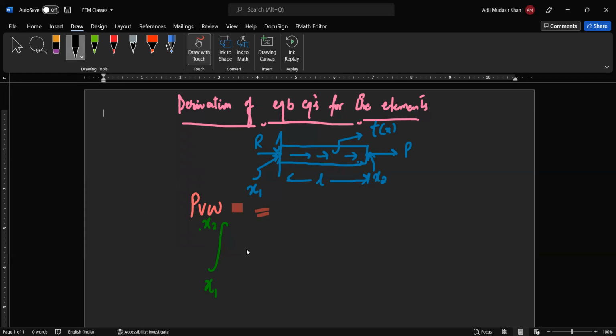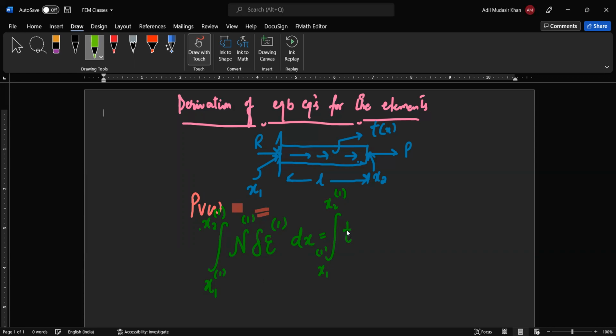So I will be writing here the normal reaction, as we have done in the previous case, into the virtual strain dx. We are on element 1, so we write superscript 1 here. This is also for element 1, dx, and it is equal to the integral from x1 to x2 for element 1.